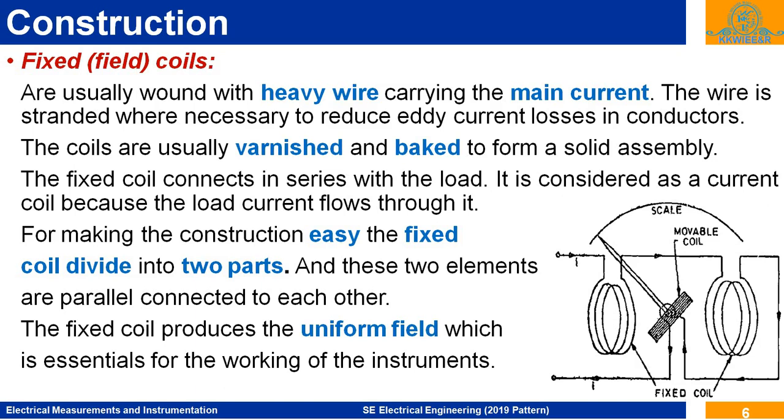In early wattmeters, the current coils were sometimes built to carry a load current of 100 amperes or more. But in such a construction, it is very difficult to avoid the eddy current. As the magnitude of current increases, the cross-sectional area of the conductor is increased, and with this the eddy current losses also increase. So we cannot minimize the eddy current loss.